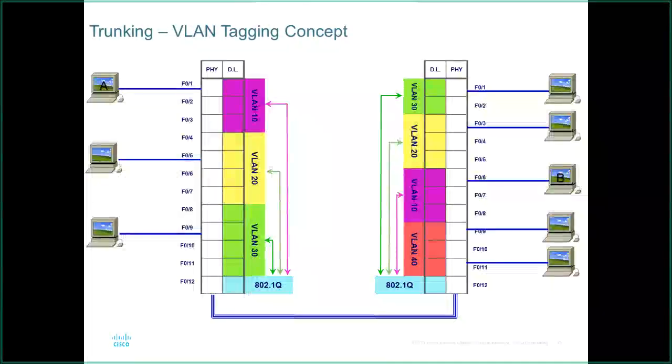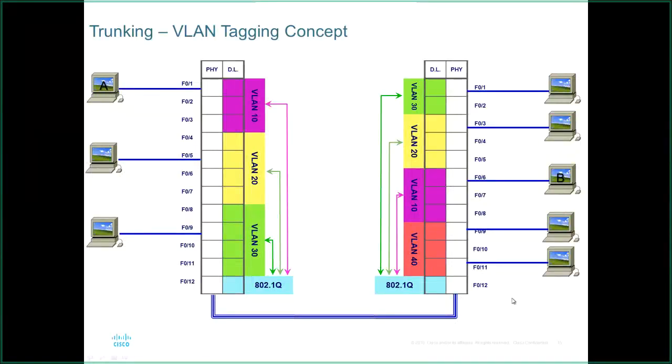So in a graphical representation of all that text, we have host A wanting to send some traffic to host B, and we have our 3 VLANs configured on both our switches. Switches are connected via a trunk using 802.1q.